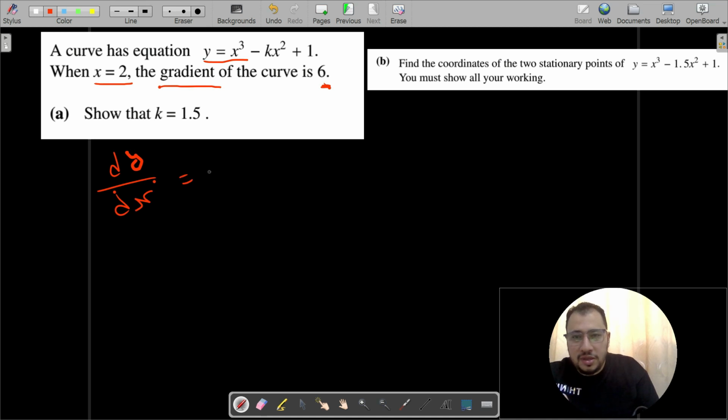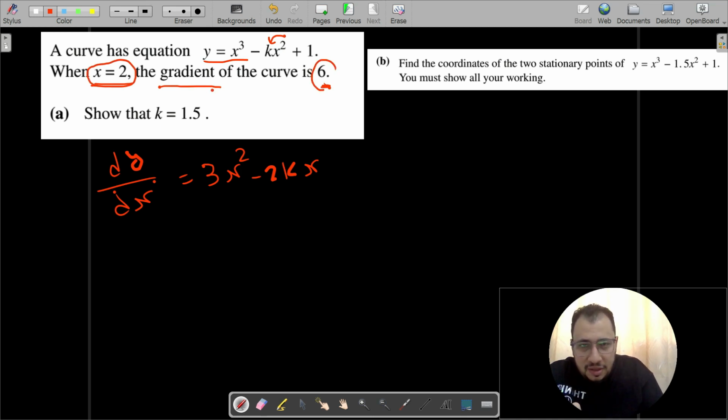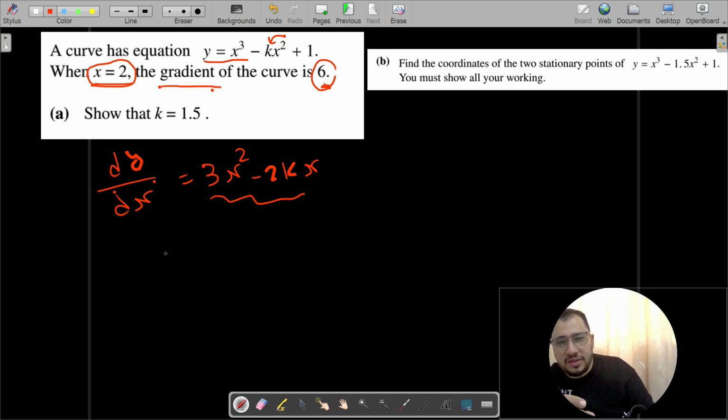In this case, dy by dx equals 3x squared minus 2kx plus 0, because here 2 multiplied by k is 2k. He told me when you put x equal 2, the gradient of the curve is 6, which means this expression equals 6.